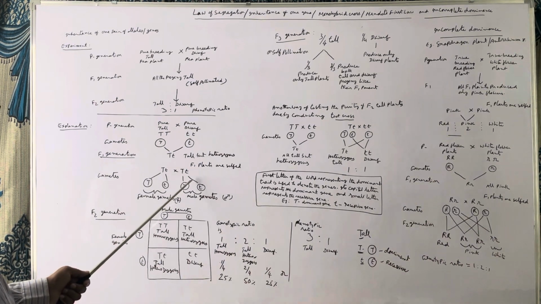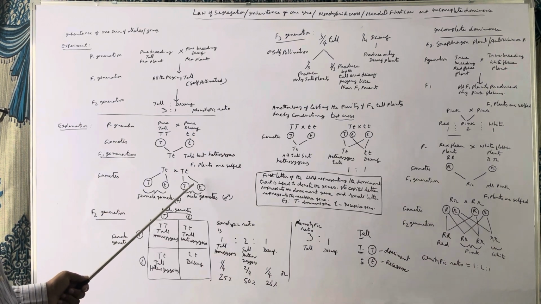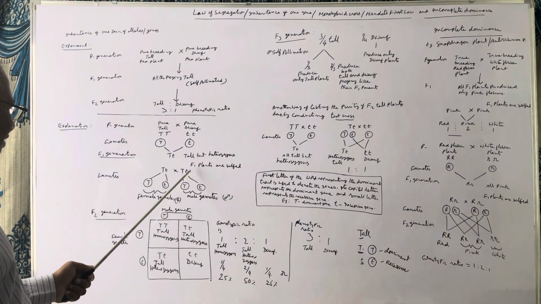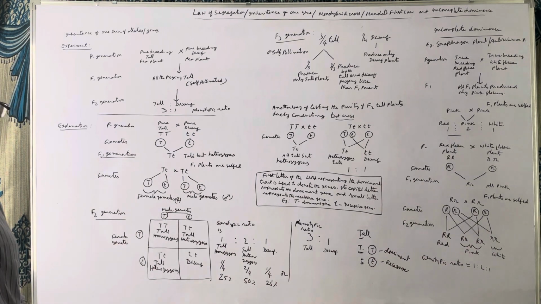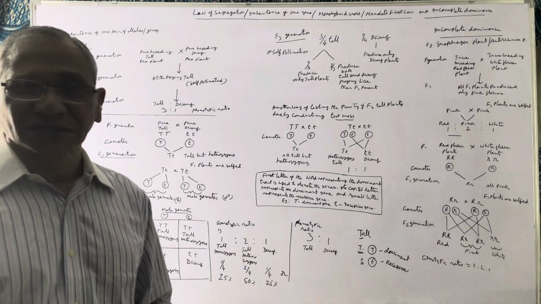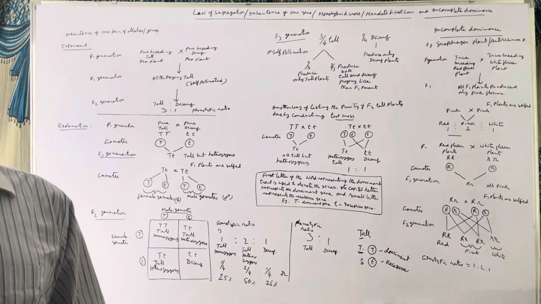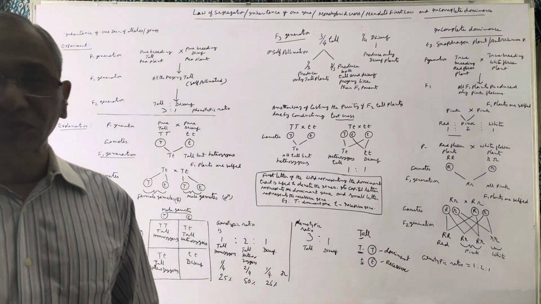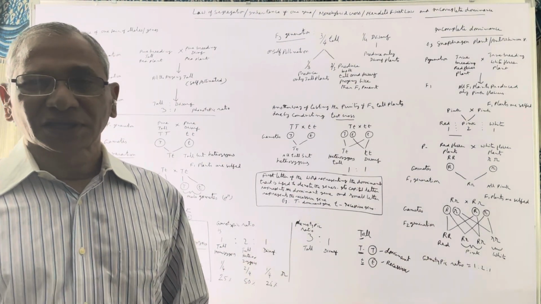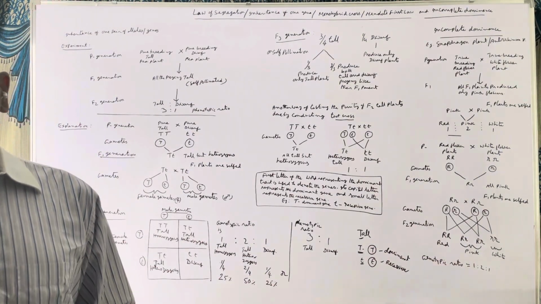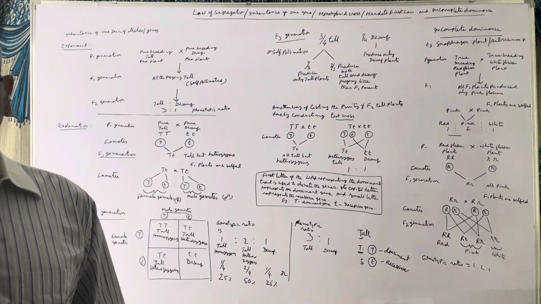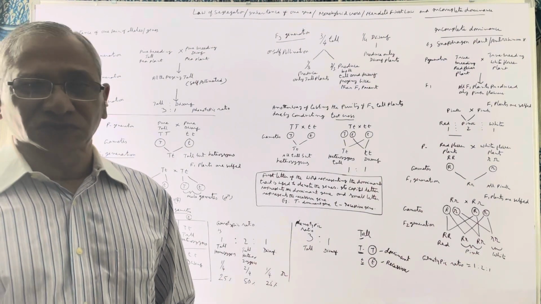Here also the same thing happens. 50% of the pollen grains receive this gene, that is the dominant gene. 50% of the pollen grains receive the recessive gene. So in this way, in F1 plants, 50% of the ova receive the dominant gene, 50% of the ova receive the recessive gene, and in the case of pollen grains, 50% receive the dominant gene and 50% receive the recessive gene.